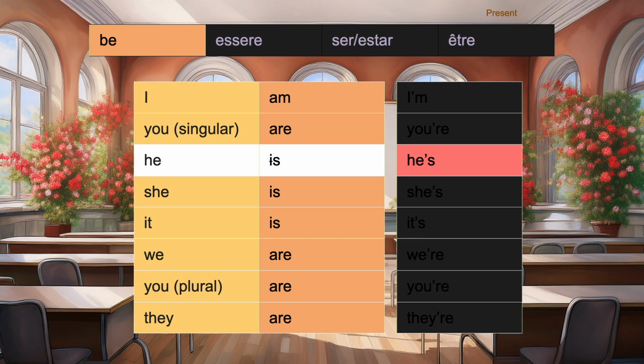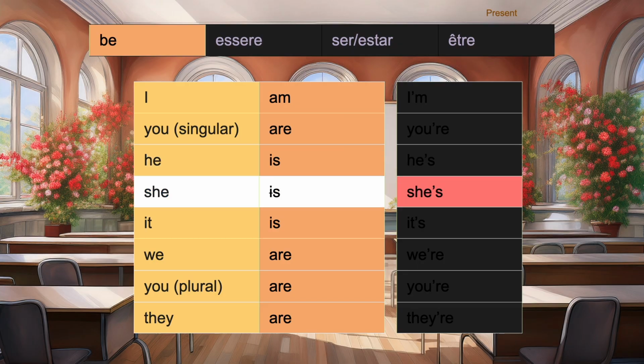Next, let's look at he is. Instead of saying he is, you can combine the two words, delete the I, add an apostrophe, and say he's. Let's look at she is. Instead of saying she is, you can drop the I, put the words together, use an apostrophe, and say she's.